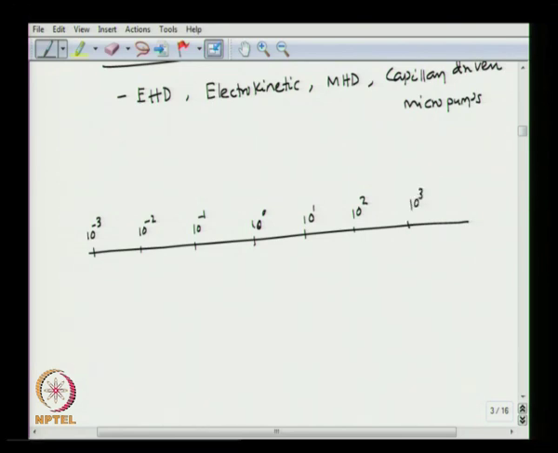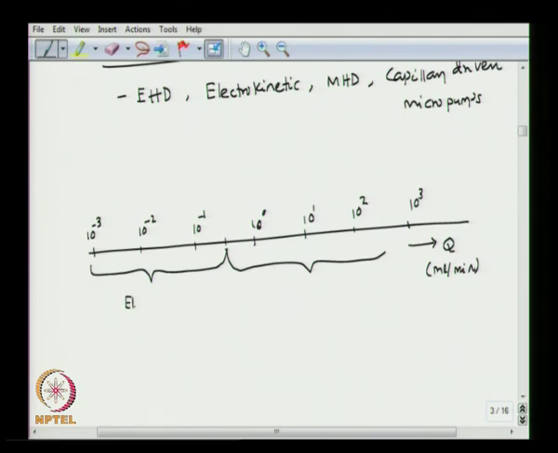Let us say this axis is the flow rate, which is in milliliter per minute. Now, the pumps that can deliver less than 0.5 milliliter per minute, and the ones that can deliver higher than 0.5 milliliter per minute are categorized separately. So these are going to be mostly non mechanical pumps.